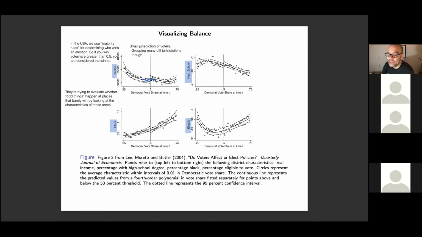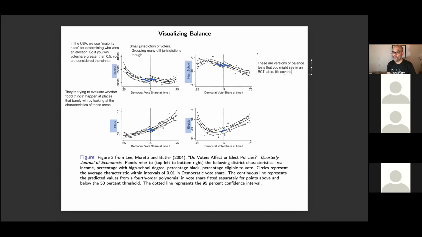So these are not statistically different from each other. What this balance test did, these are versions of balance tests that you might see in an RCT table.